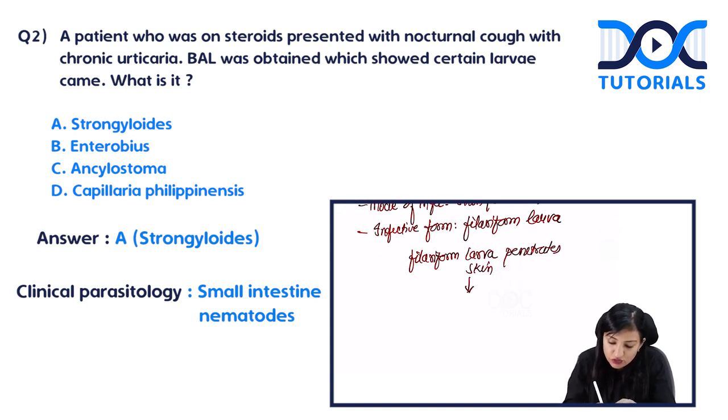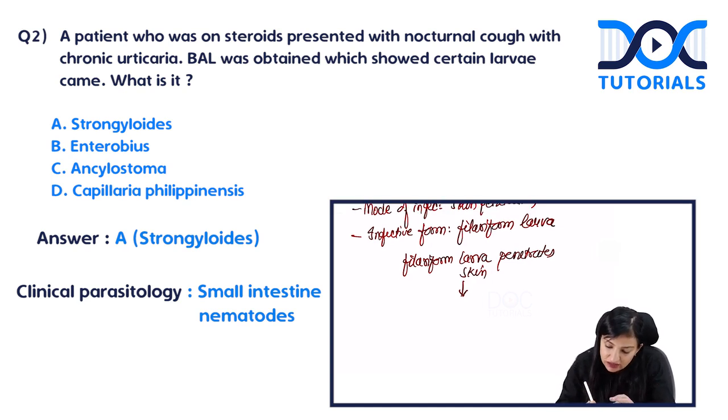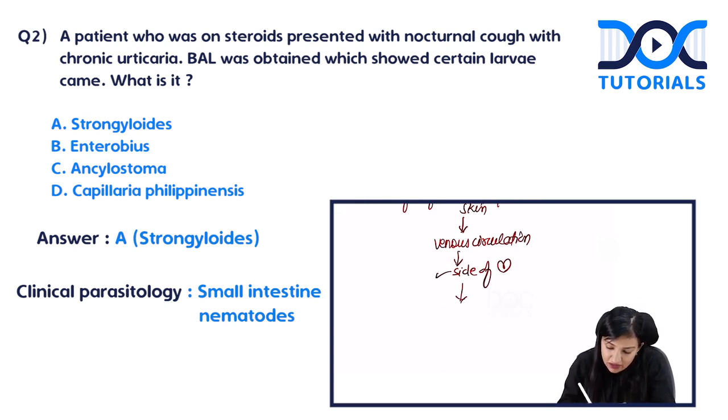Now the story is going to be in the beginning similar to what we saw just now in case of hookworms. It is going to enter the venous circulation. It will reach the right side of the heart. It will exit via the pulmonary artery.